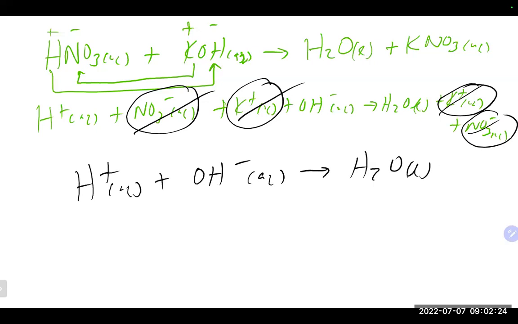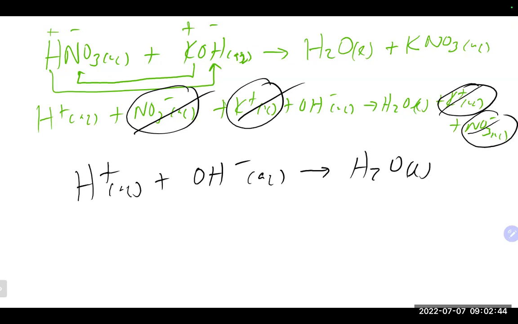So once again, that is always what you're going to get when you get down to it. If you did sulfuric acid and sodium hydroxide, you just end up with 2 H pluses and 2 OH minuses, which would reduce down to 1 across the board. So it'll all come back down to that.